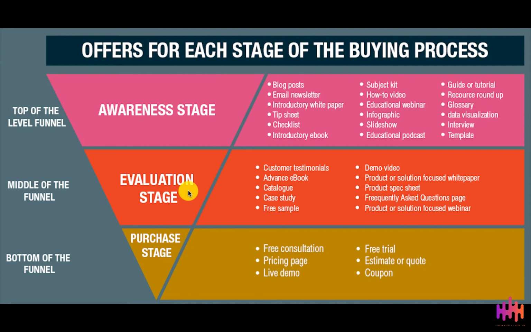They're going to be at the evaluation stage. And then finally, at the bottom of the funnel, we have the purchase stage. These are people who are ready to buy from you and take whatever offer that you have because they have opted in and they are extremely interested in your brand or product.